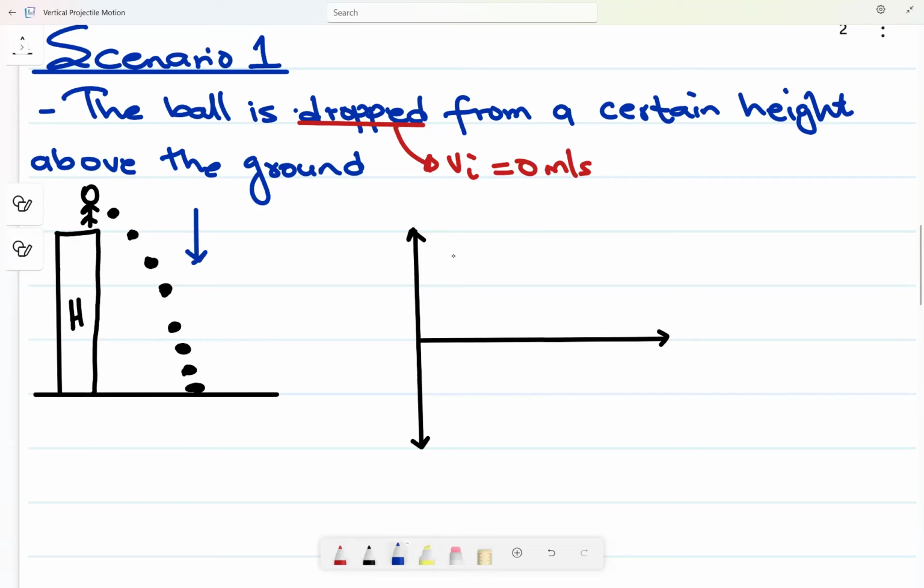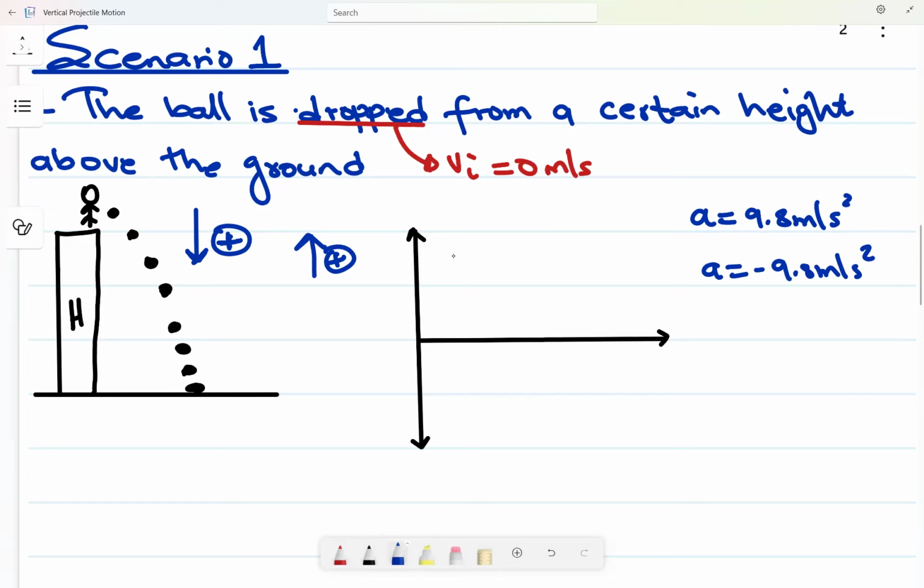Choice of direction is very important in this topic. When you choose downwards as positive, the acceleration will be 9.8 meters per second squared, because we are choosing the direction in which it is moving. If we chose upwards as positive, the acceleration would be negative 9.8 meters per second squared, because it acts downward but we chose upwards as positive. That's the most important part.